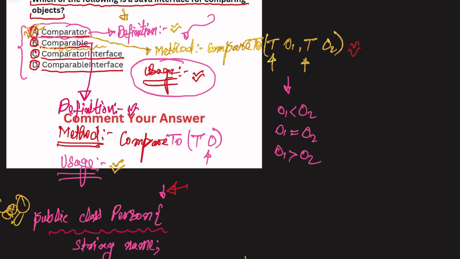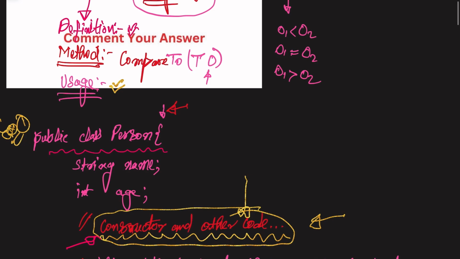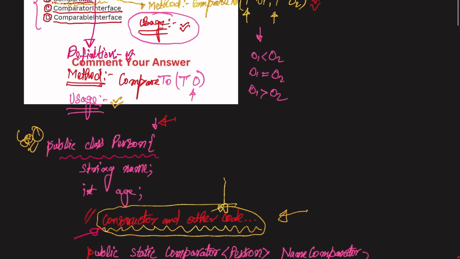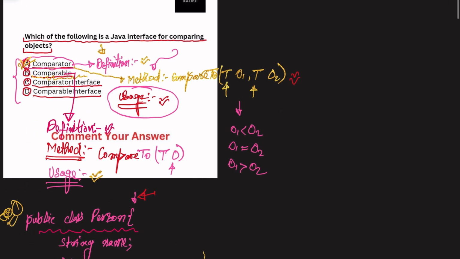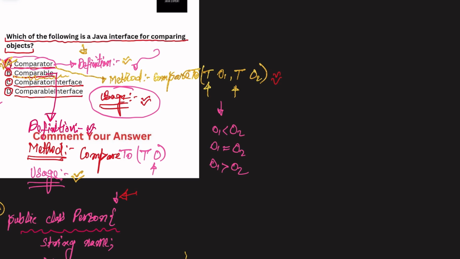Okay, let me take one more example for comparable, like how you can write comparable in your Java project, in your Java program. Just let me give you one code example. Okay, let me just take an arrow. Okay, this is for the comparable.